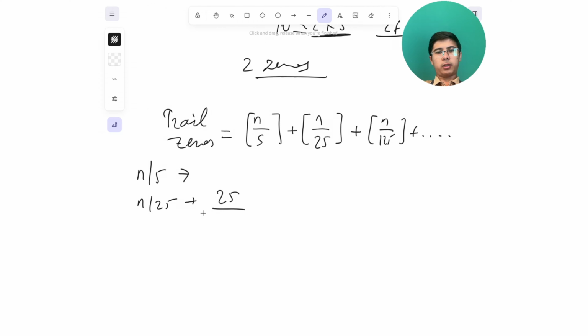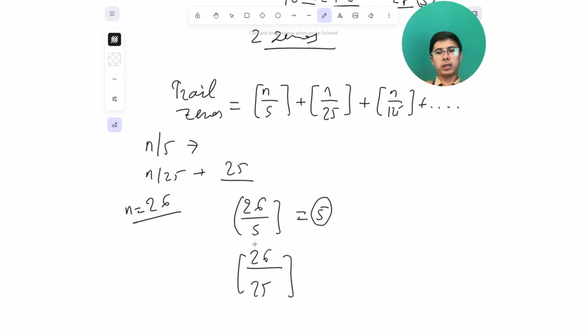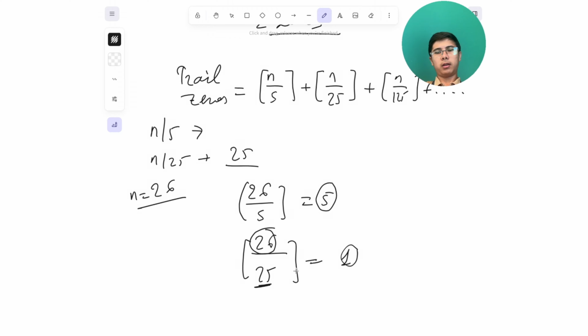Let's see an example input. When our input is 26, our first contribution is 26 divided by 5, and its integer part becomes 5. Then we can divide by 25 because 26 is greater than 25, so we keep continuing, and it returns 1 because 25 times 1 fits. We need just the integer part of the number.